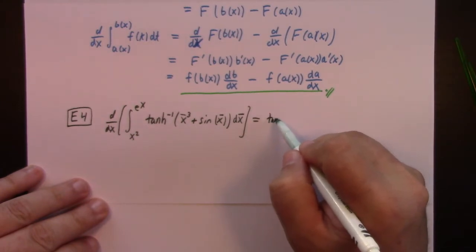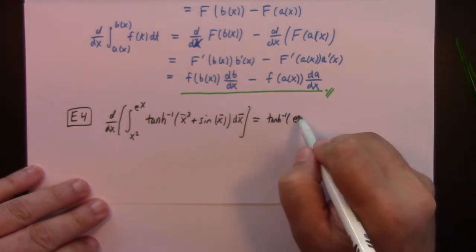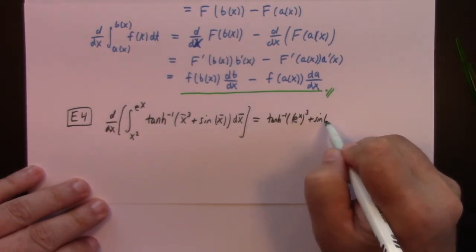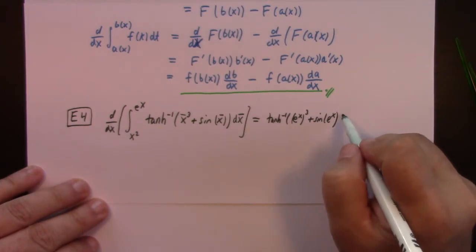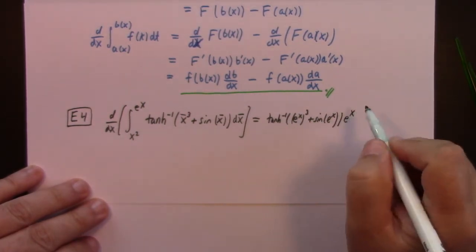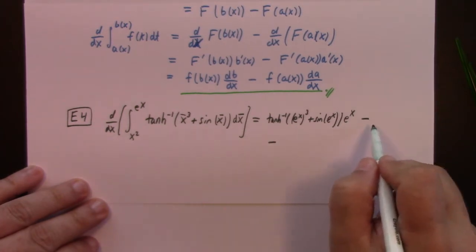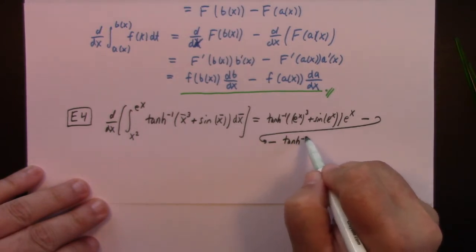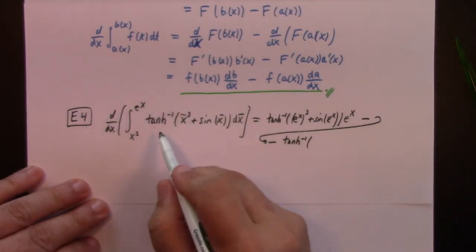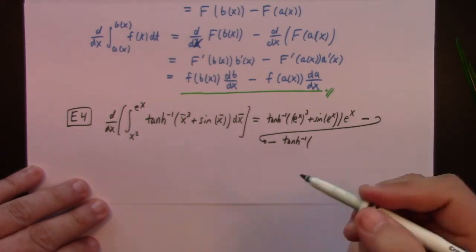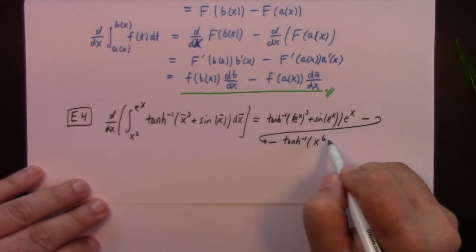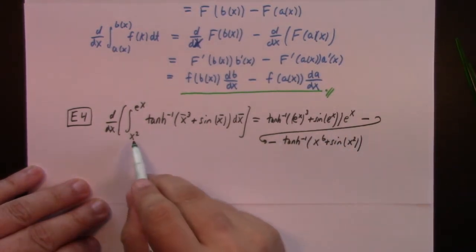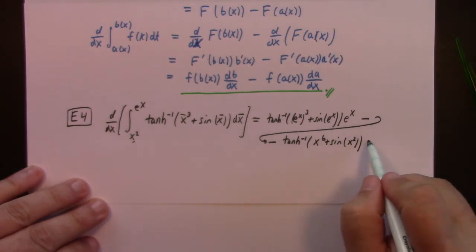Anyway, with that said, FTC3 is the hero. We simply do inverse hyperbolic tangent of (e to the x) cubed plus the sine of e to the x, times the derivative of e to the x, which is e to the x, and then subtract inverse hyperbolic tangent, and then I have to evaluate t cubed at x squared, which x squared cubed is x to the 6th, plus the sine of x squared, times the derivative of x squared, which is 2x.